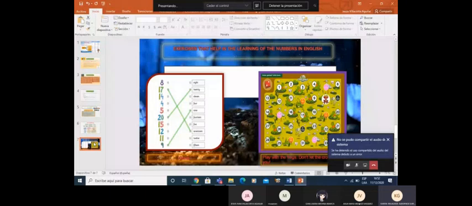Help in the learning of numbers in English. One of the first things when studying English is learning the numbers because they are used very often.